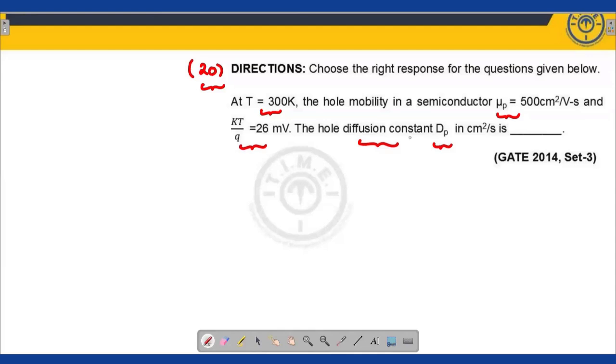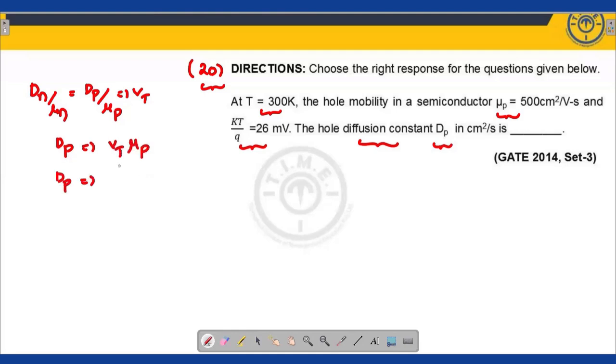I told you one important thing: Dn by mu n is equal to Dp by mu p, which is equal to VT. Here, Dp is equal to VT into mu p. VT is 26 millivolts, and mu p is 500 centimeters squared per volt-second, as he has given.